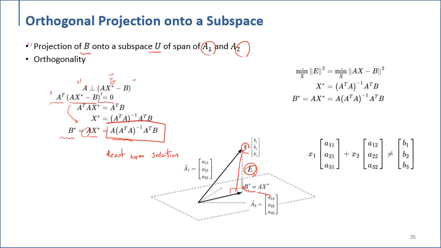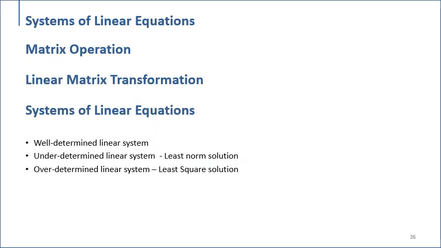Yeah, that's what we have learned today. So let me summarize today's lecture. Today we have learned the basics of linear algebra, and we have reviewed several important concepts. Firstly, we have learned systems of linear equations and how to rewrite them using matrices. We have learned basic matrix operations like the product between vectors and the product between a matrix and vectors.